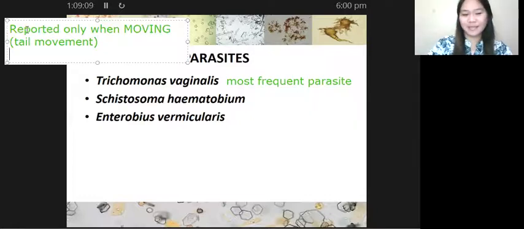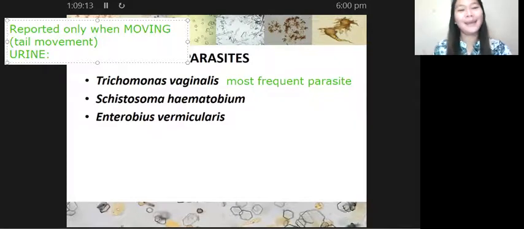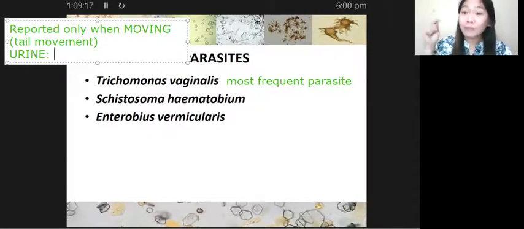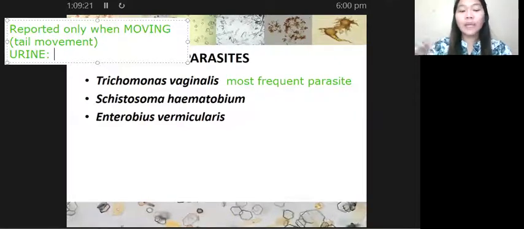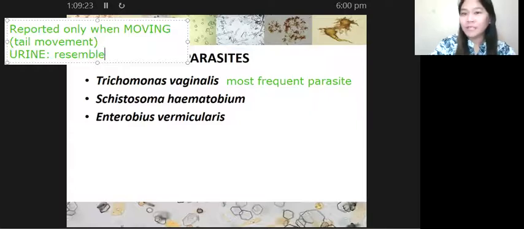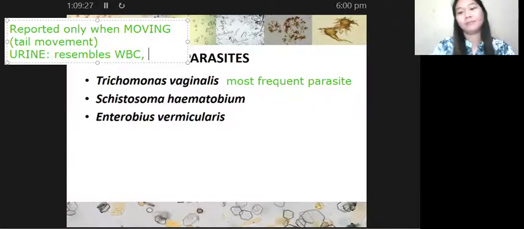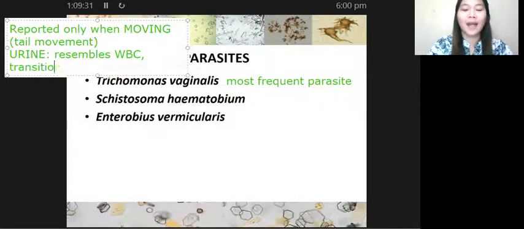Bakit kailangang tignan ang tail movement or yung flagella movement ng Trichomonas vaginalis? This is because your Trichomonas vaginalis in urine will resemble several sediments. So in urine, it resembles your WBC, okay? It resembles your transitional, okay? And your renal tubular epithelial cells.